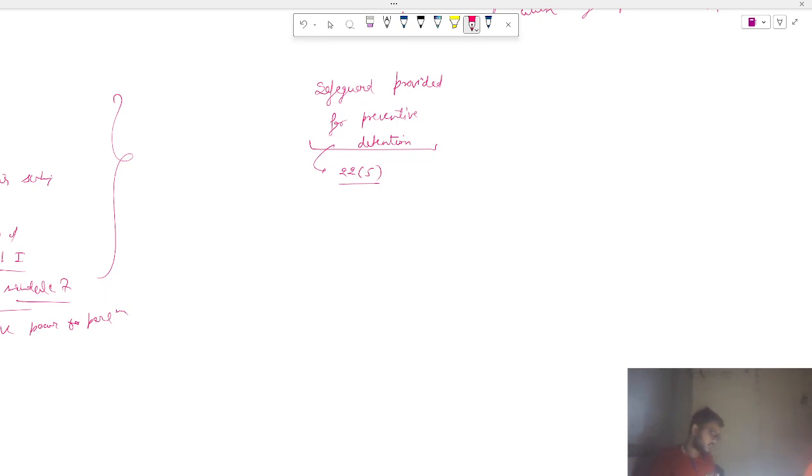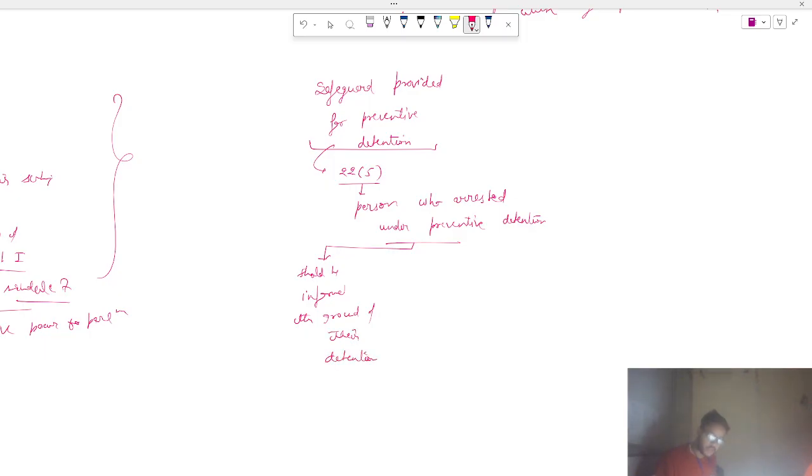So basically Article 22 clause 5 says that a person who has been arrested under preventive detention has the right to be informed of the grounds of their detention, and also has a reasonable opportunity to make a representation against the detention.